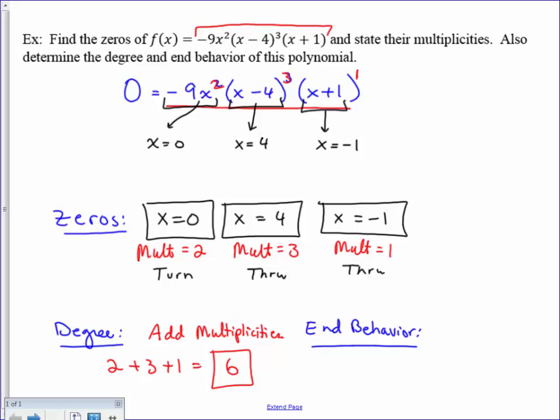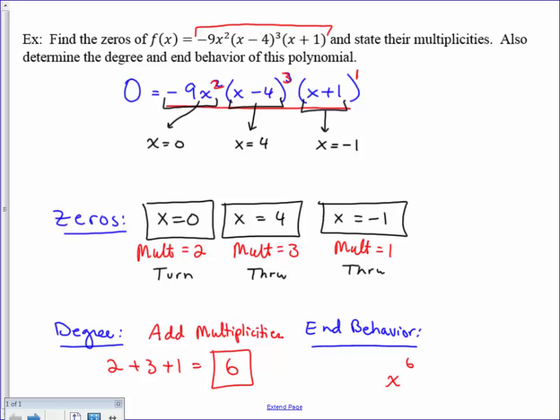Well, this original expression not being polynomial in nature makes the end behavior a little bit harder to think about. However, if we know what the degree is, then we know that this is for sure something times x to the 6th power if we were to actually multiply it all out.